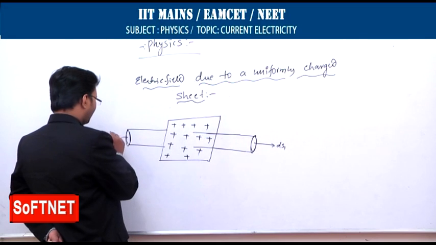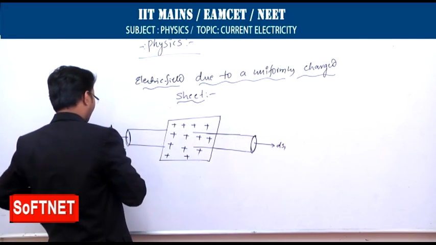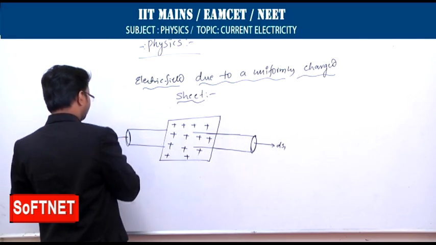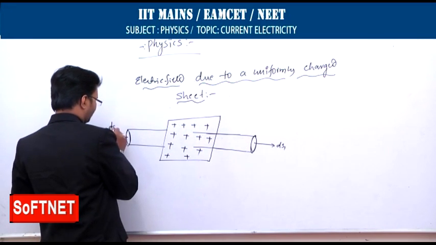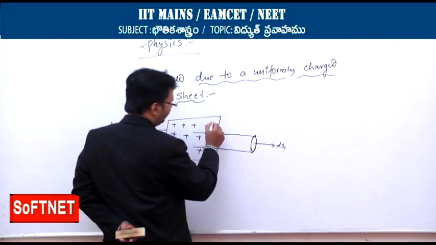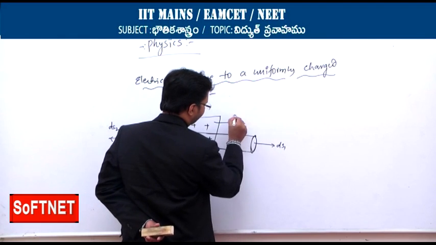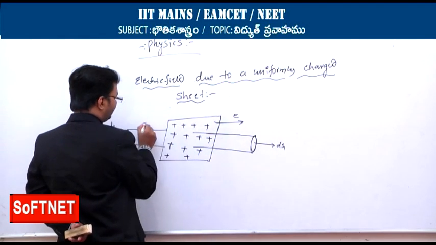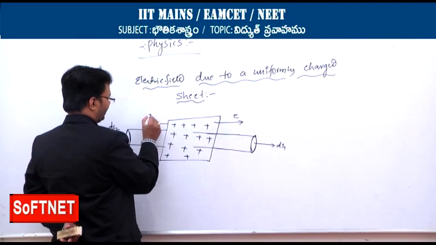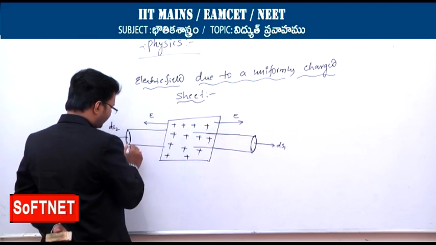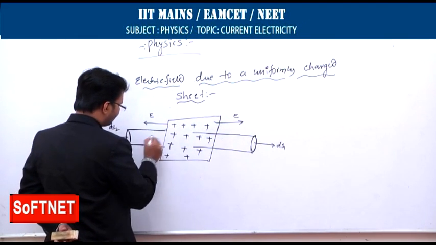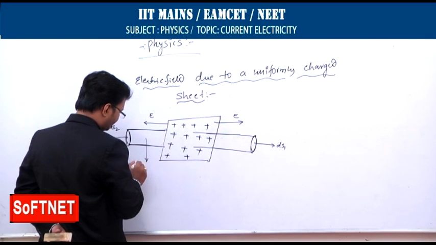This surface area is ds2. Here, the electric field direction is this direction, and here this direction. And the surface area vector is in this direction, and this one in this direction.